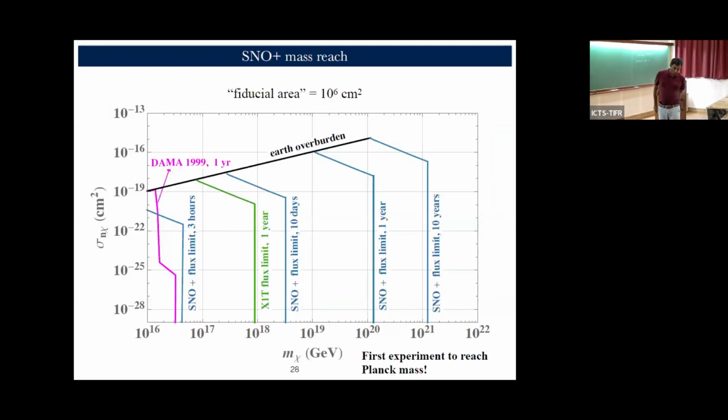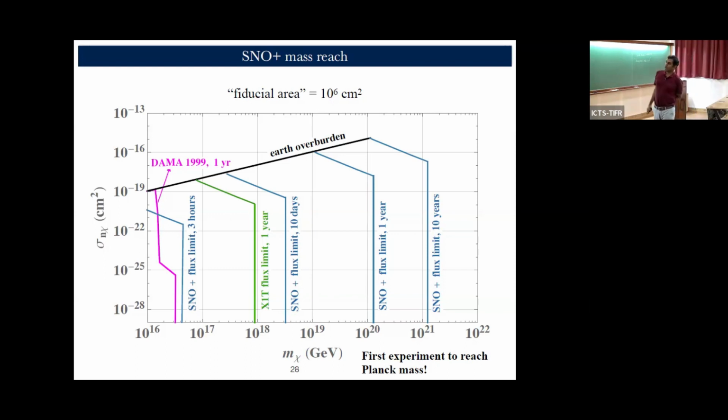Okay, now, what I had shown them in that collaboration meeting was that because they had a fiducial area of about 1 million centimeters squared, as opposed to 10^4 in dark matter experiments, if they were to do a search for just 3 hours, they would already beat the DAMA limit.